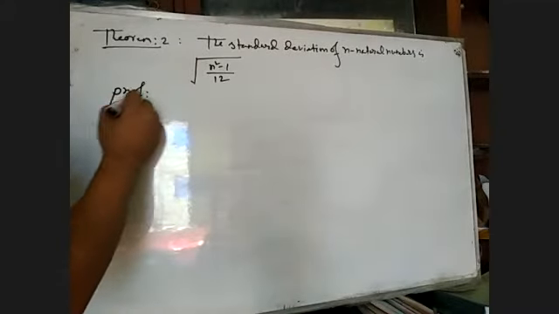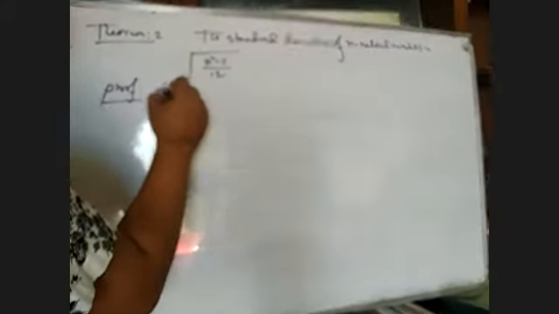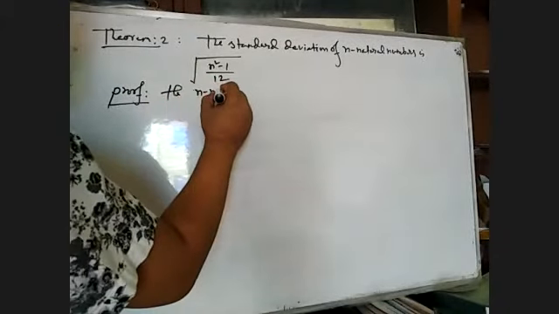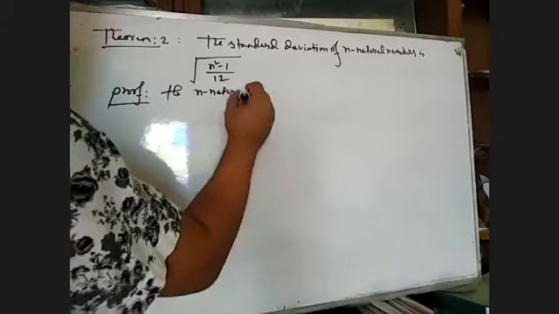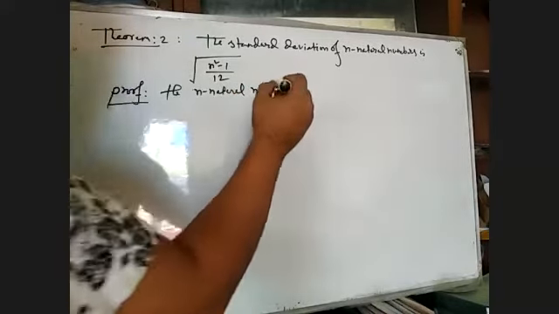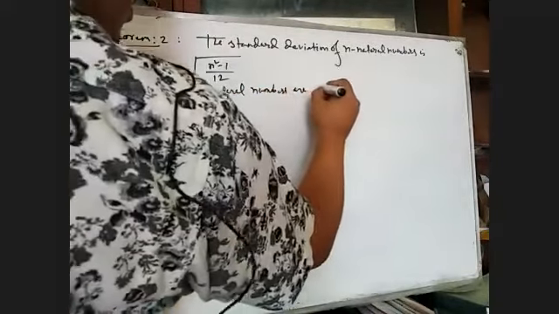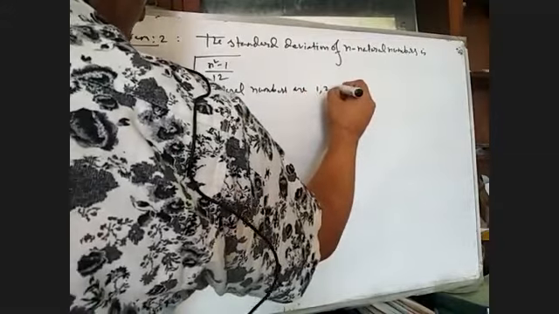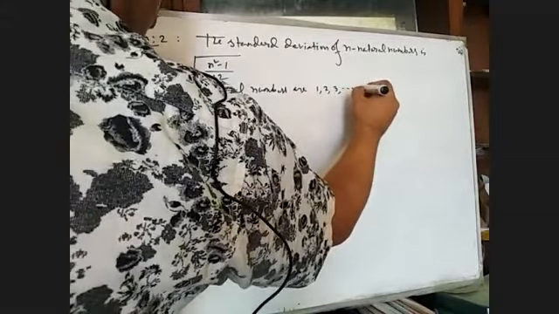Proof. The n natural numbers are 1, 2, 3, up to n.